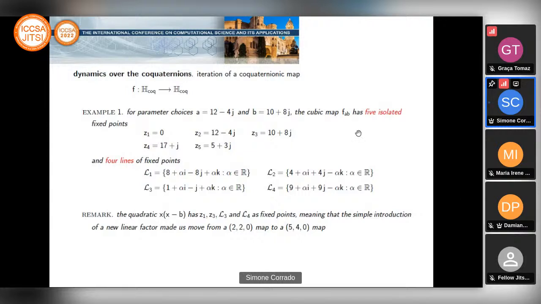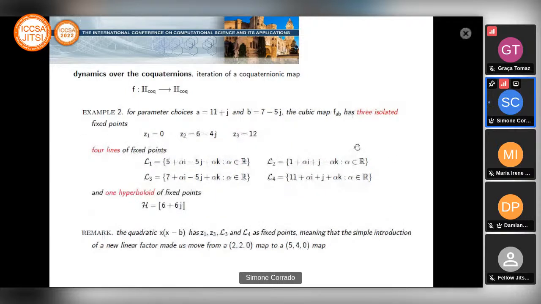Okay, but the most important is the second example. For these parameter choices, we prove that the map has 3 isolated fixed points, 4 lines of fixed points, and 1 hyperboloid of fixed points.